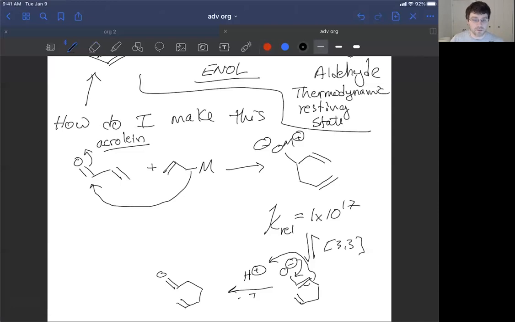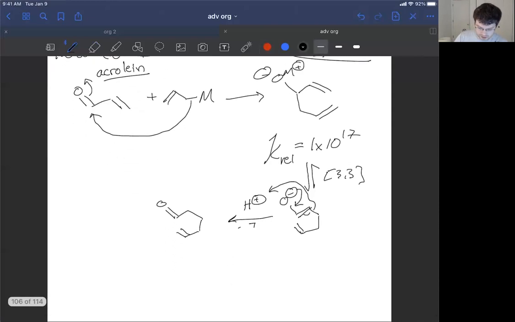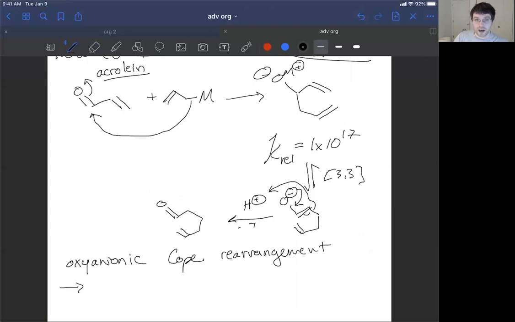Okay, let's summarize these thoughts and attach a name to this. This is called the anionic cope rearrangement. So it's a cope rearrangement. The difference is that we're starting with an oxyanion.